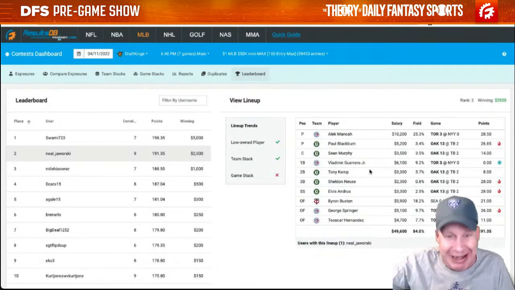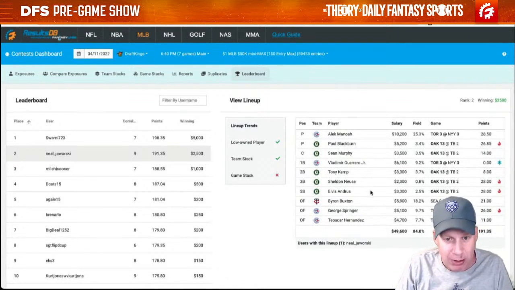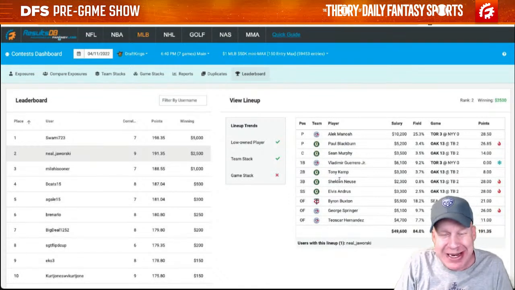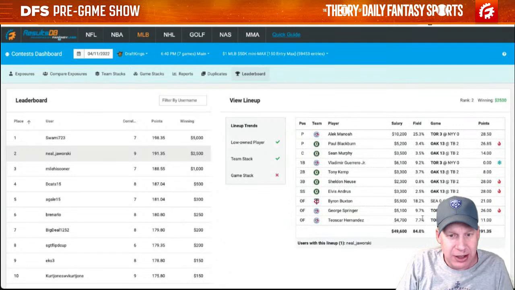Maybe not as heavy as esports, like League of Legends, but very correlative, which means that you don't necessarily care about individual player ownerships as much as the combination of players in your lineup. In basketball, you rarely see a lineup winning or doing well that has most of the lineup single digit owned.